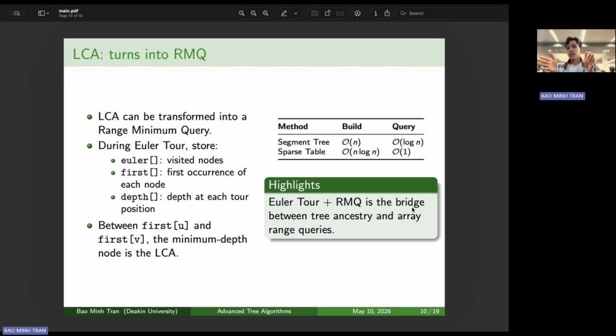So basically we flatten it out, and then we find the node that is the shallowest, the one with the smallest depth, in the Euler tour. It's just a range minimum query again. So in fact we can turn back to our Euler tour problem. Firstly, we can use a minimum segment tree or a sparse table.